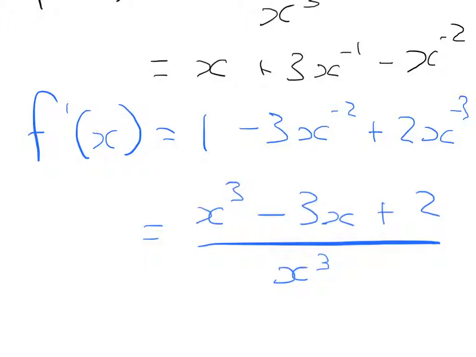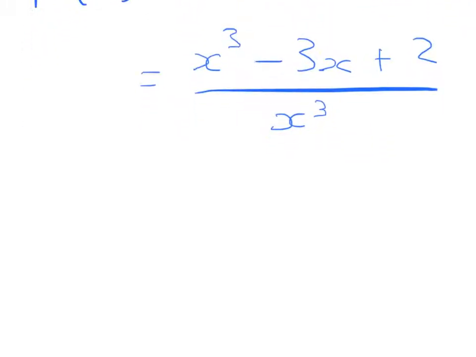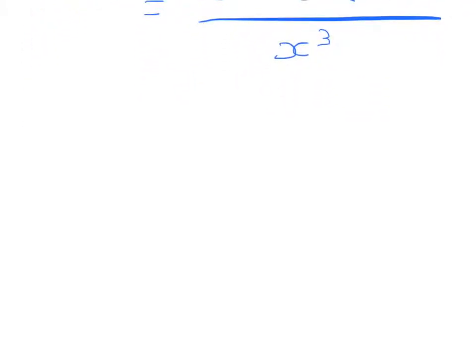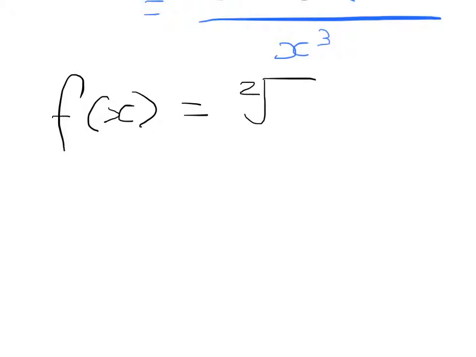Okay. The other type of fairly difficult question that still uses the basic skill is one that looks like this. F of x equals the square root of x. We don't need to put the 2 there for a square root, just the square root of x.